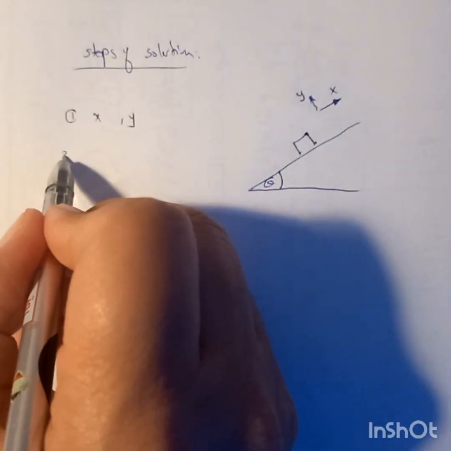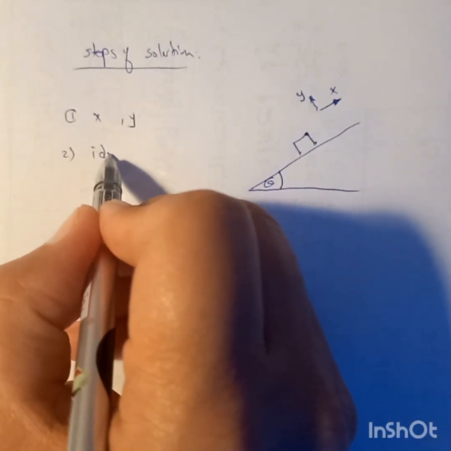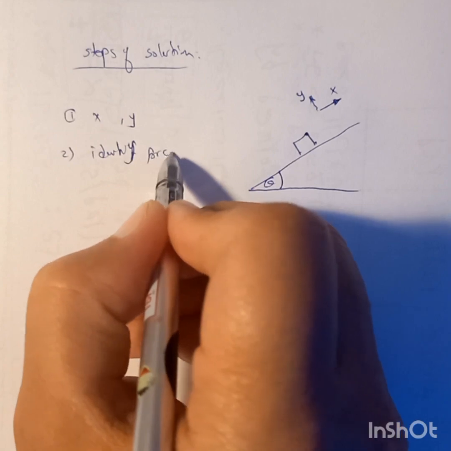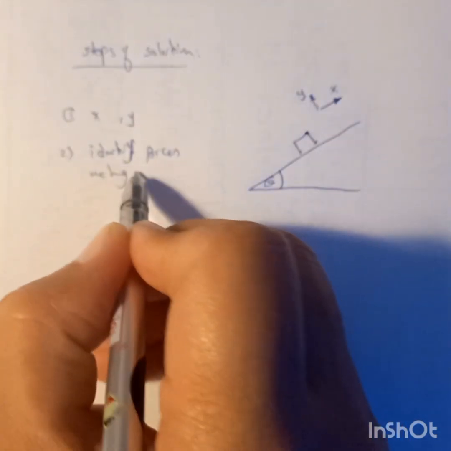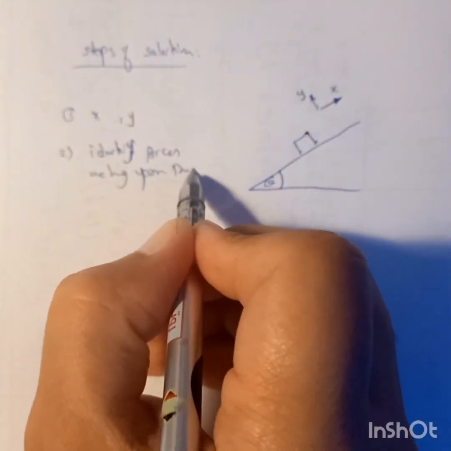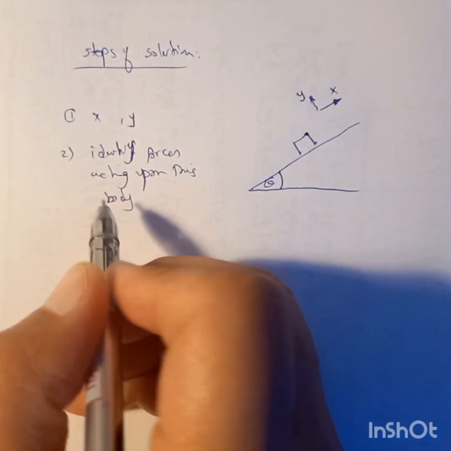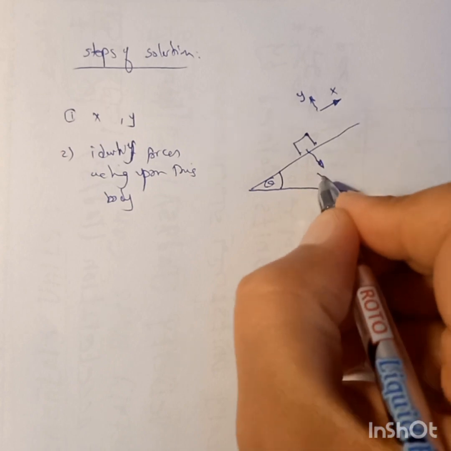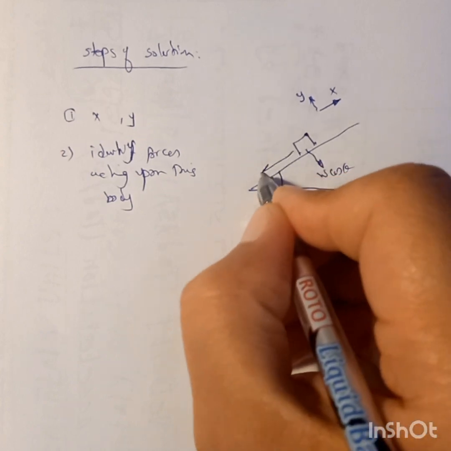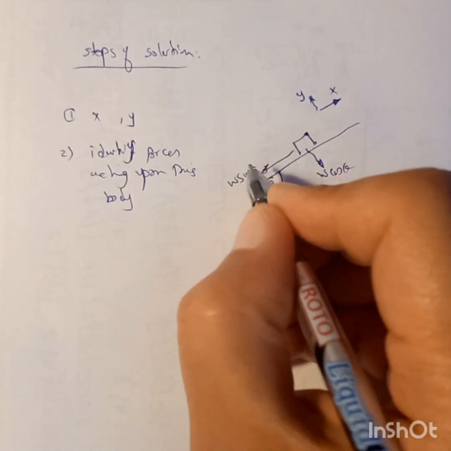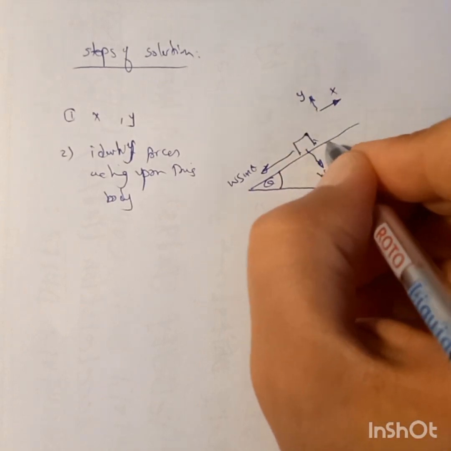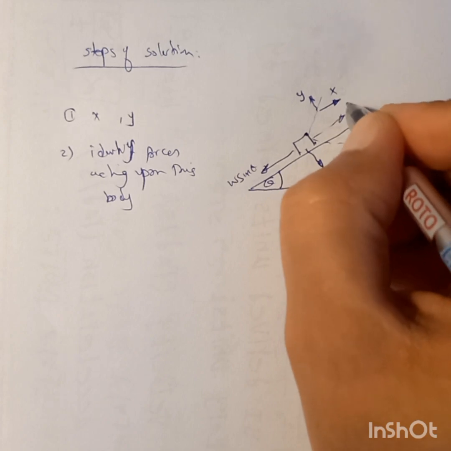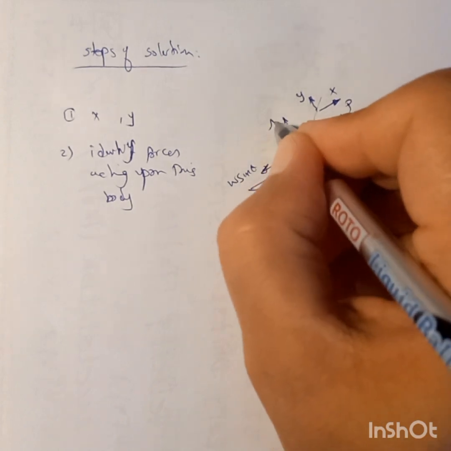Number 2, you have to identify all forces acting upon this body. We have many forces, for example the weight components W cosine theta and W sine theta, external forces in these directions, for example P, and the normal reaction force.